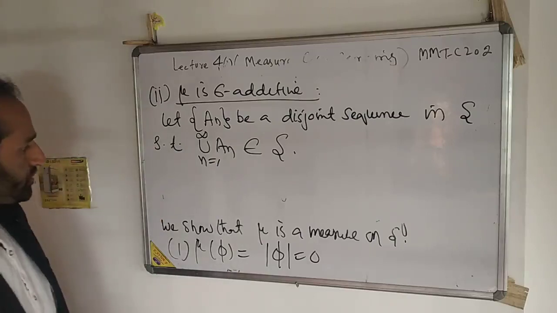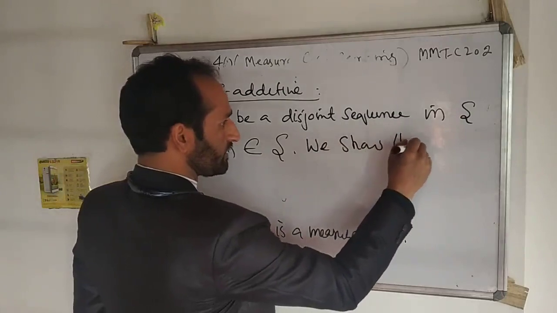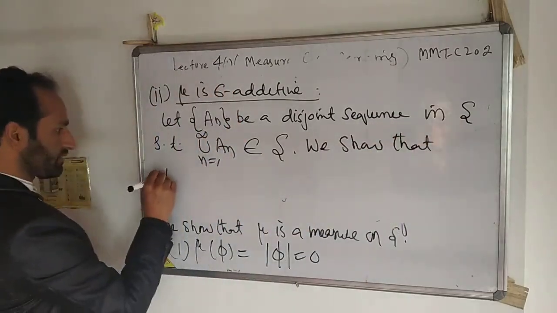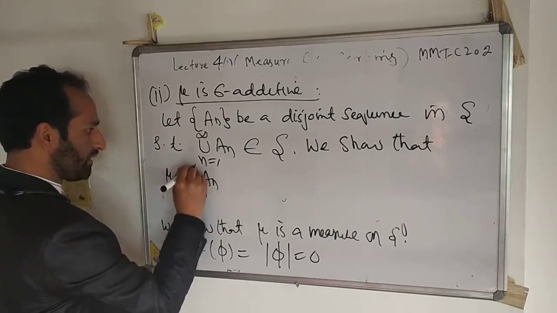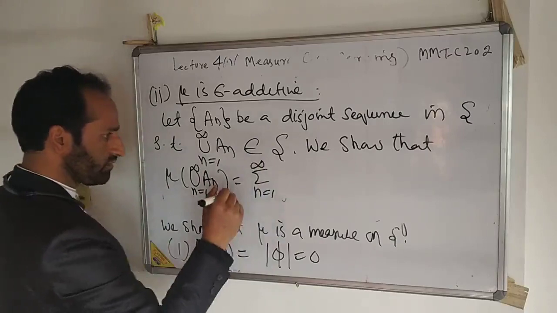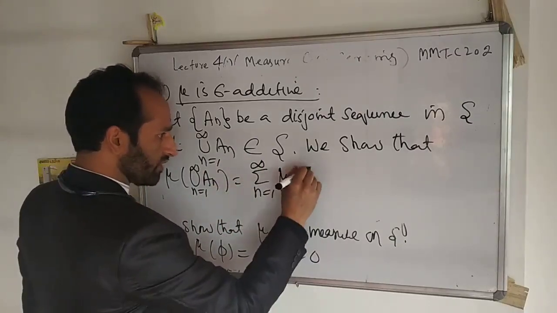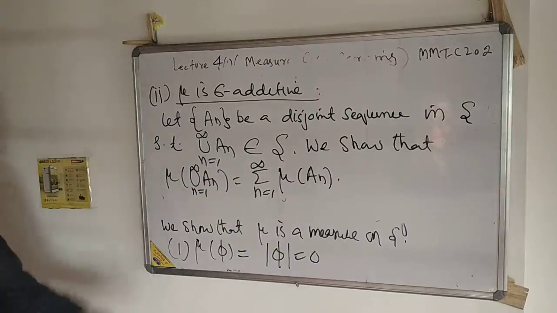So we need to show that mu of the union of A_n, n from 1 to infinity, is equal to the summation of mu of A_n, n from 1 to infinity. That's what we have to prove.